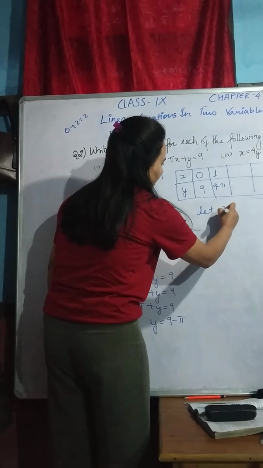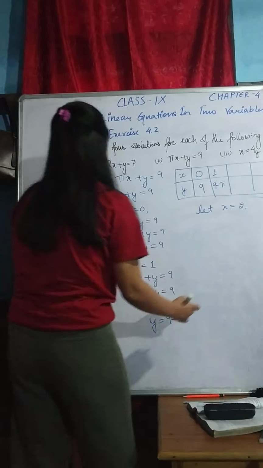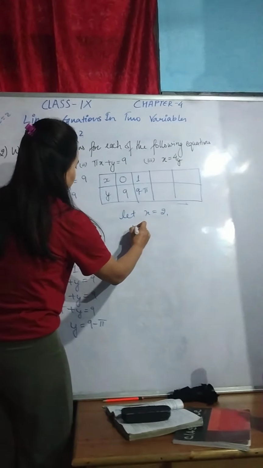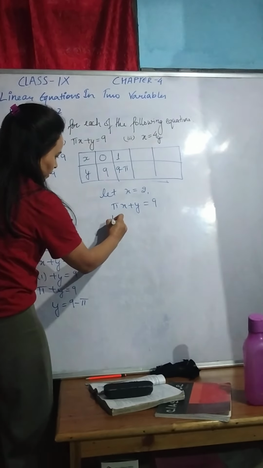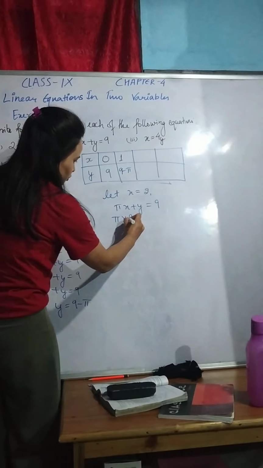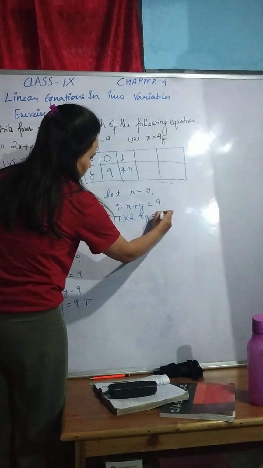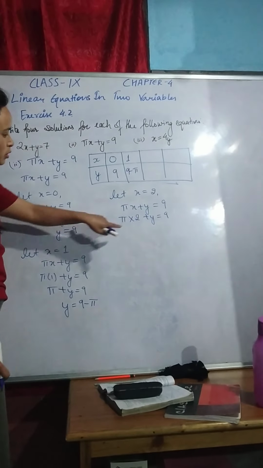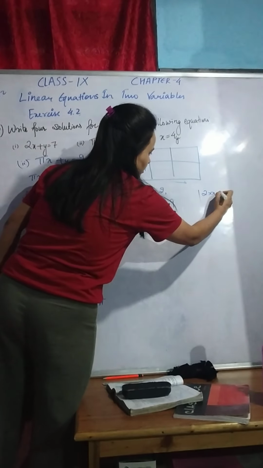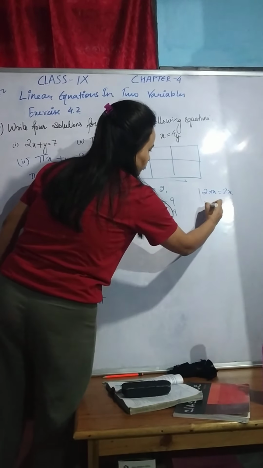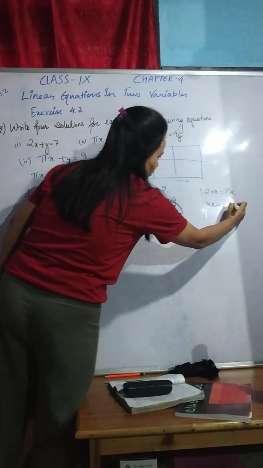Let x is equal to 2. Now this is your equation, pi x plus y is equal to 9. So pi, in place of x, replace with 2, plus y is equal to 9. Now when you solve 2 times x, you will write 2x, right? 4 times y, this will be 4y.